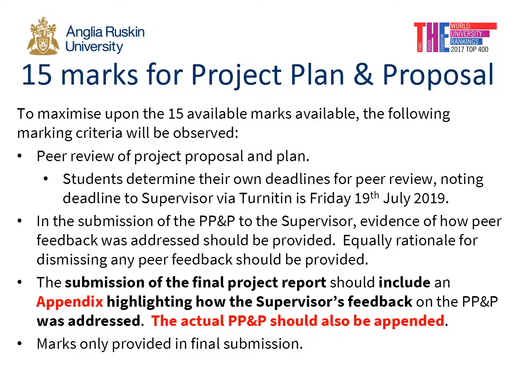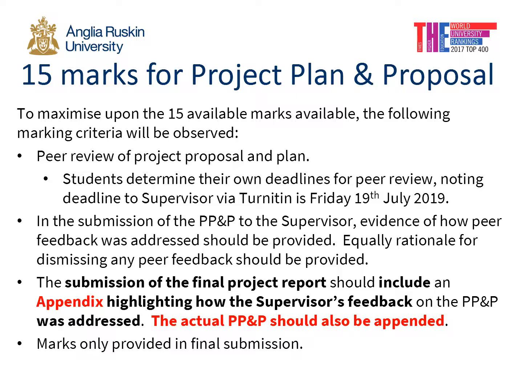Now, in your submission to your supervisor, you need to evidence how the peer review feedback was addressed. And equally, you should share your rationale for dismissing any feedback. Now, critically, in the submission of your final project report in September, you need to include two things.